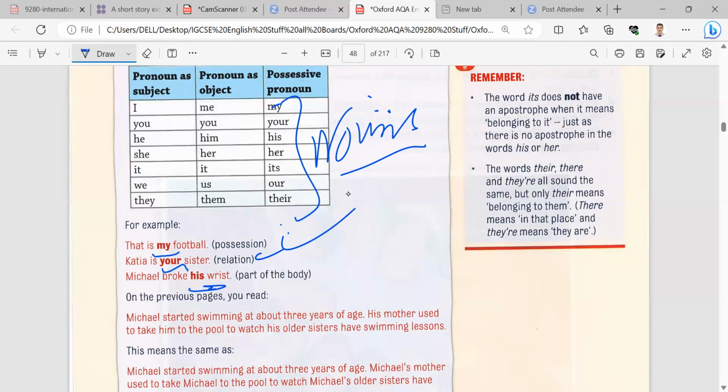Does that make sense? Yeah. Clear, guys? So we use possessive pronouns for three functions: to show possession, to show relationship, or to show part of the body. Does that make sense? Yes.